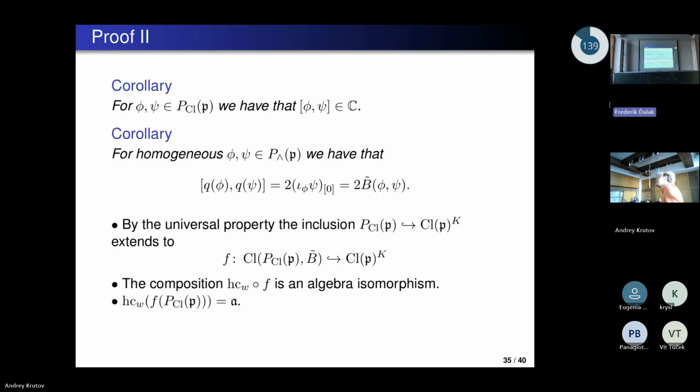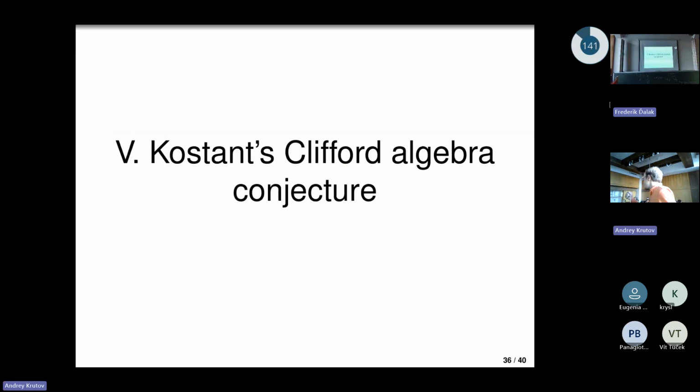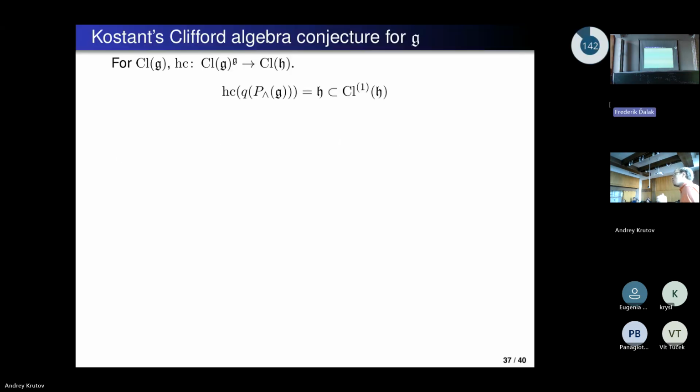We extensively use the transgressions and Harish-Chandra maps. And the last thing that I promised to say is about this filtration of the Cartan algebra. So again, I'm going back to the Clifford algebra conjecture by Kostant that was proved by Joseph and Alekseev.